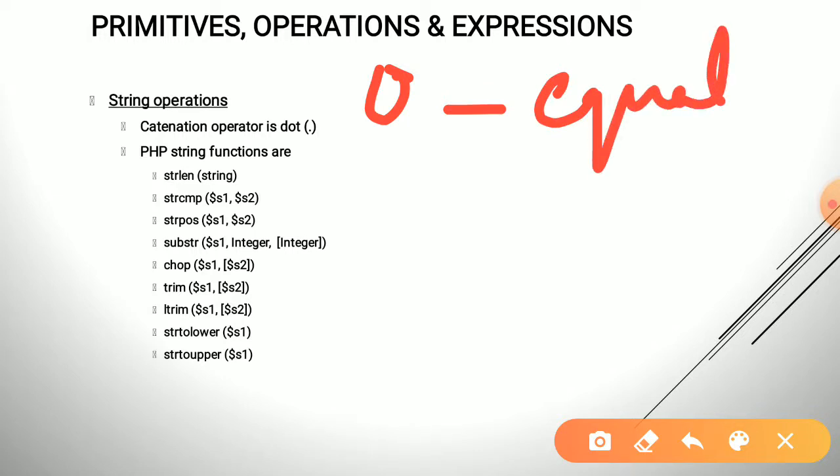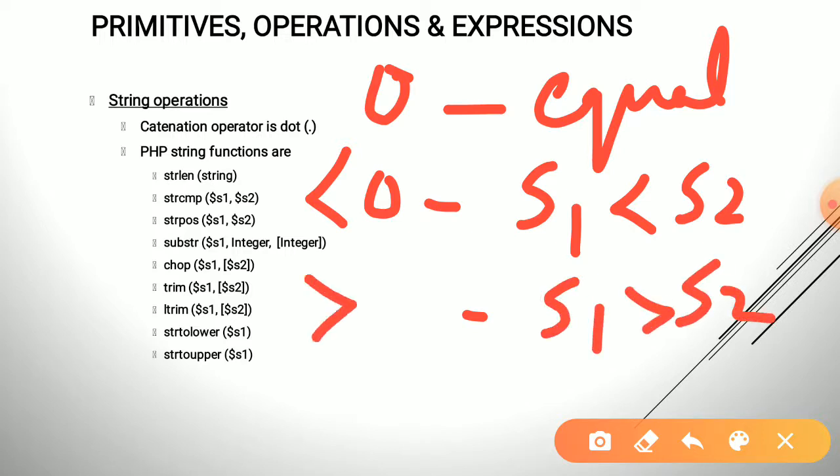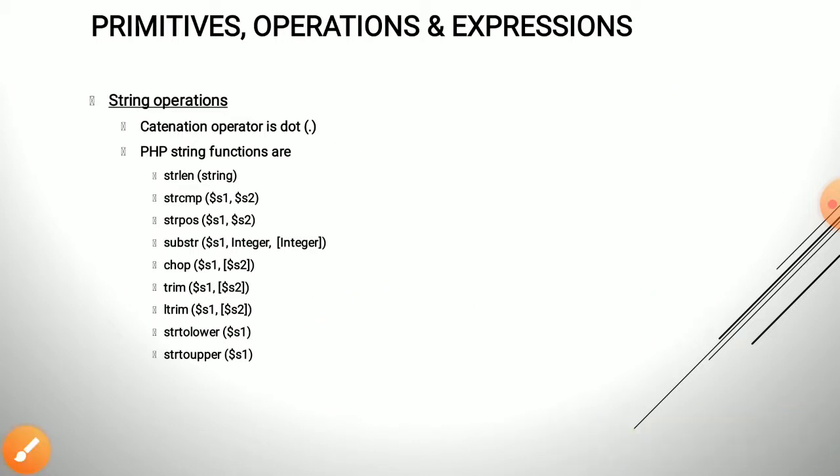If $s1 is less than $s2, it returns a value less than 0, and if $s1 is greater than $s2, it returns a value greater than 0. So that is the strcmp function. The next one is the strpos function. It takes two strings and returns the starting position of the second string in the first string.